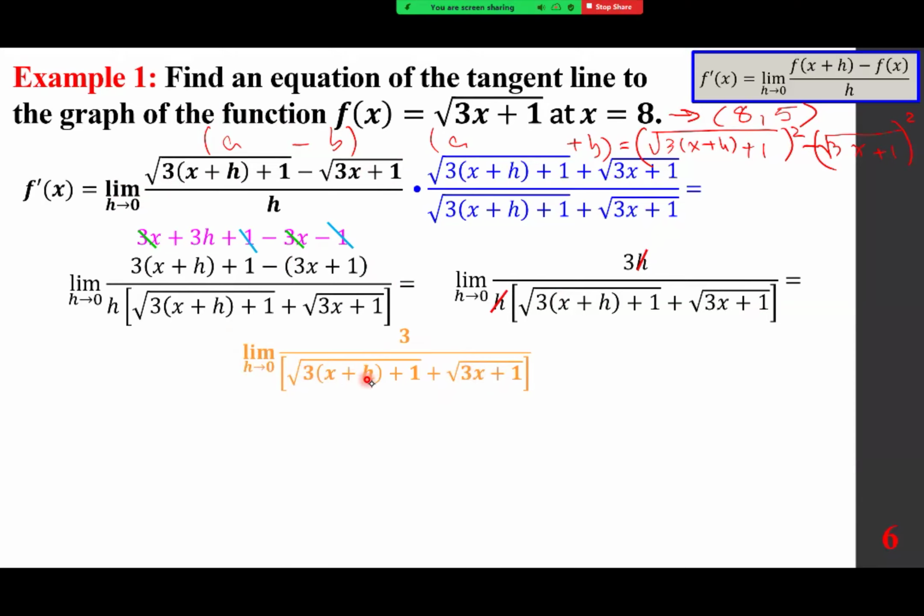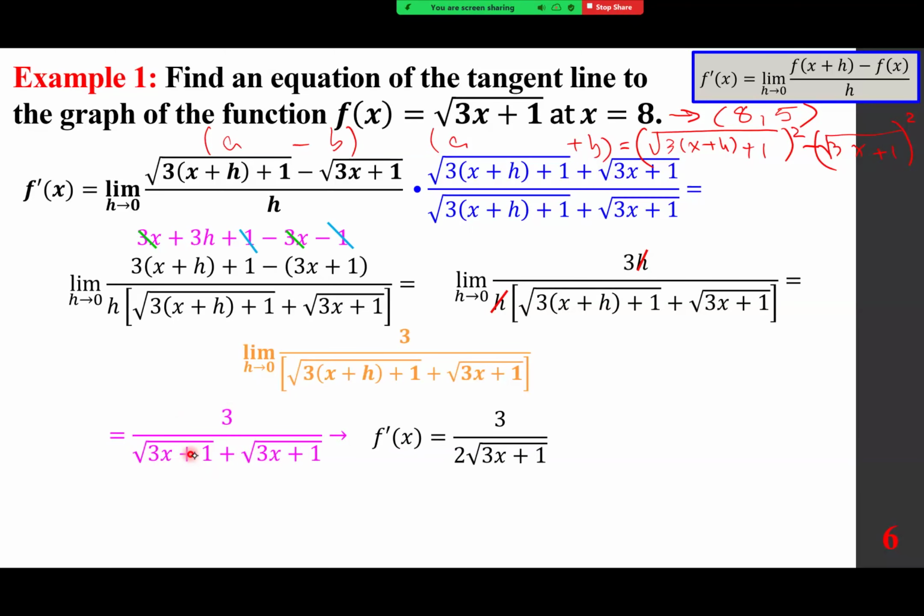Now we can replace the h with 0. Without this, you can't. When you replace the h with 0, this becomes identical to this. So the numerator remains. The denominator, we have 2 of these, 2 square root of 3x plus 1. This is f prime of x. This is the derivative function.